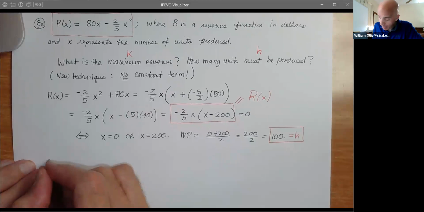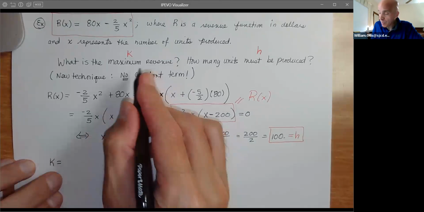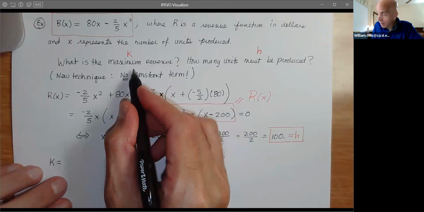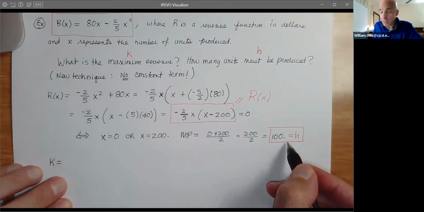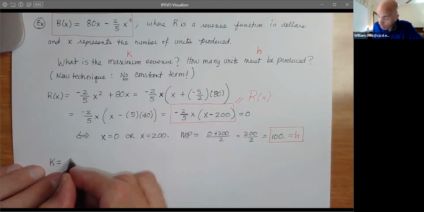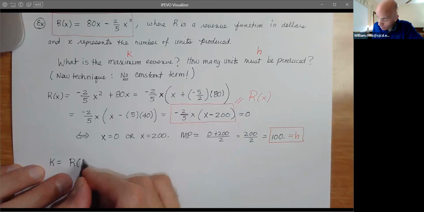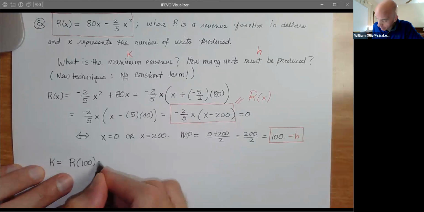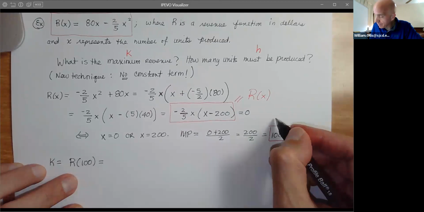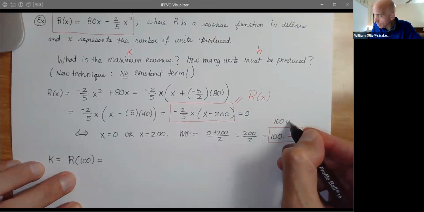So now K, if we want the maximum revenue, we know we need 100 units. We have R of 100. So we'll just say 100 units.